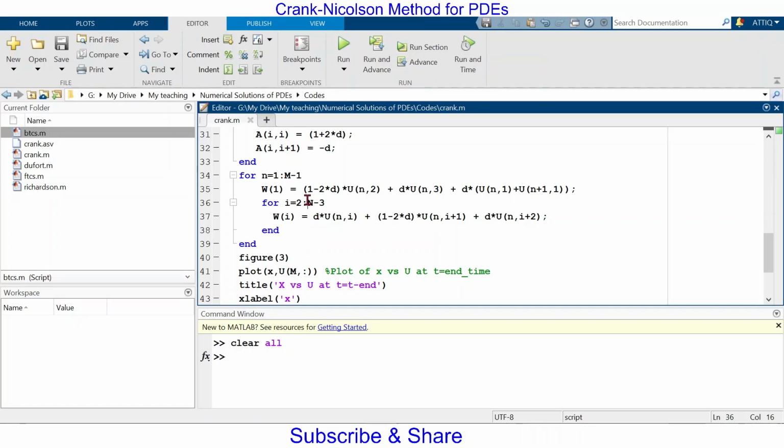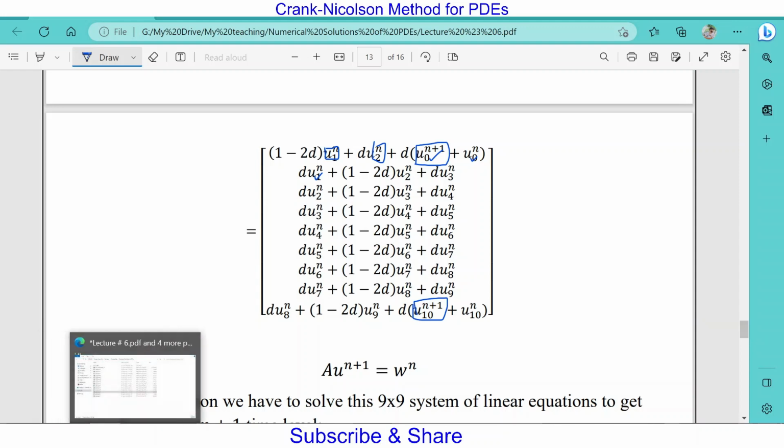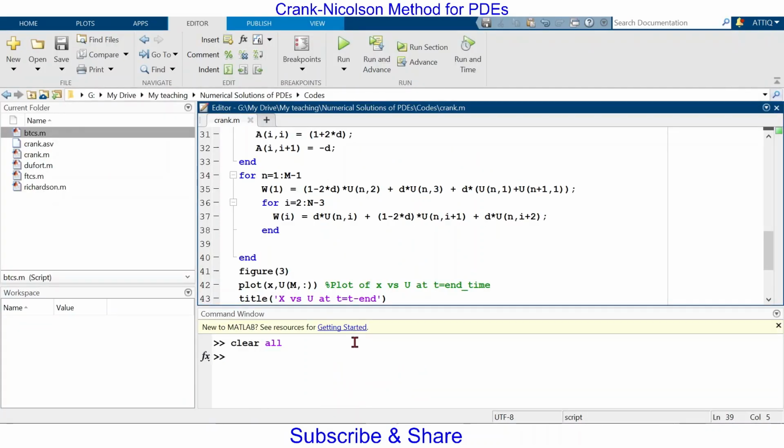So I ended this loop at n minus 3 because the last value of w is also different from this pattern, and let's define it like this. So wn minus 2 value will be like this.